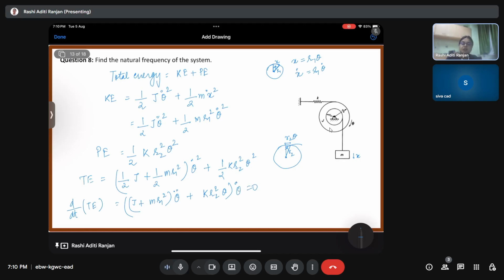Now since theta dot will not always be equal to 0, we get J plus M R1 square theta double dot plus K R2 square theta is equal to 0. Using this equation, we get the natural frequency as the square root of K R2 square divided by J plus M R1 square.